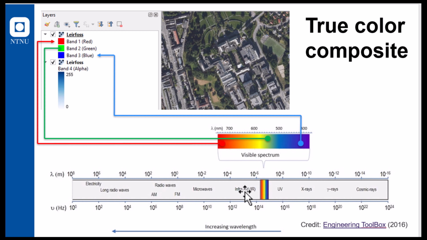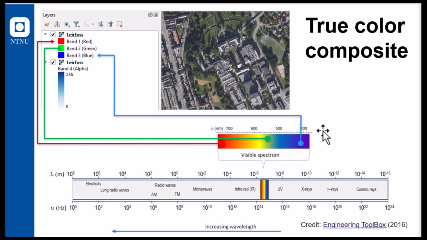So each of the 3 bands has pixel values for the reflection received from 3 sections of the visible spectrum. The red band shows a raster with the reflections from the red part of the visible spectrum. The green, second band shows pixel values for the reflection in the green part of the visible spectrum, and the third band, the blue band, shows a raster with pixel values of the reflection in the blue part of the visible spectrum.